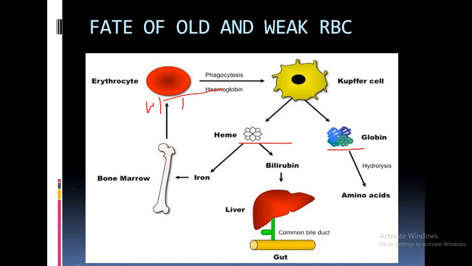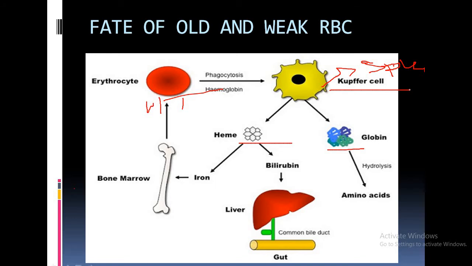The cell left after phagocytosis will be given to the spleen. That is why the spleen is known as the graveyard of RBC.